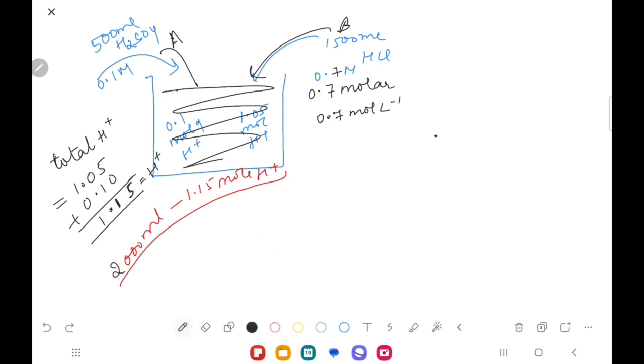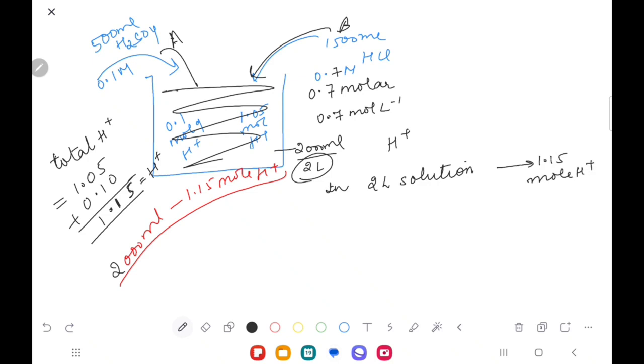So when I'm talking about this particular part, just tell me one thing. If I'm talking about this part, what is the new concentration of H plus? Concentration means per liter or per 1000 ml. So I would say that in the new solution that is being formed, 2000 ml is 2 liters. So in 2 liter solution, we have 1.15 moles of H plus.